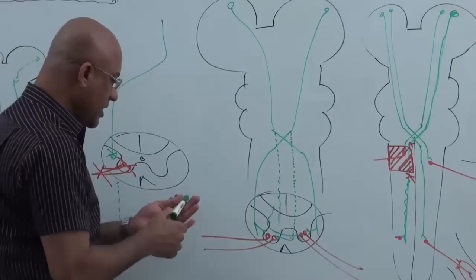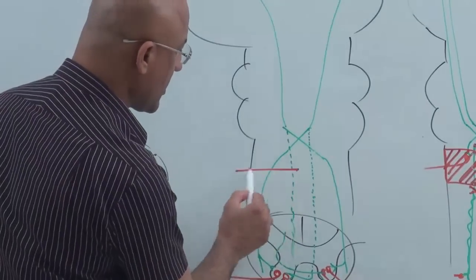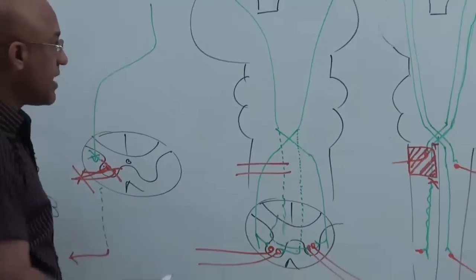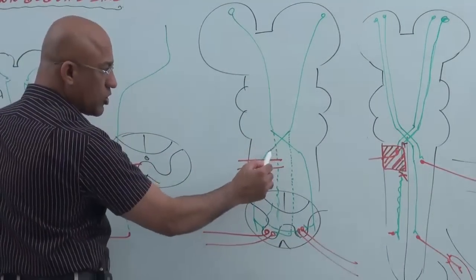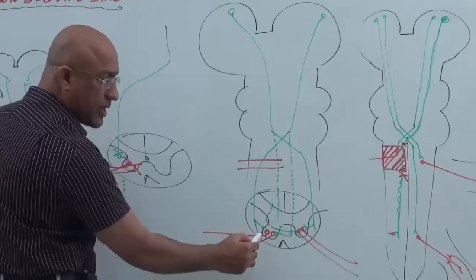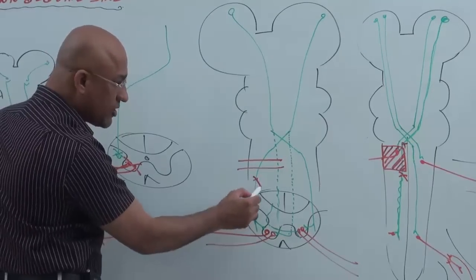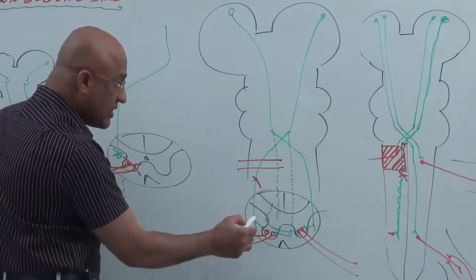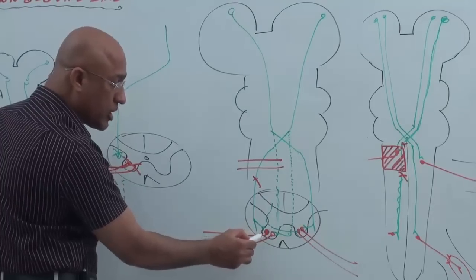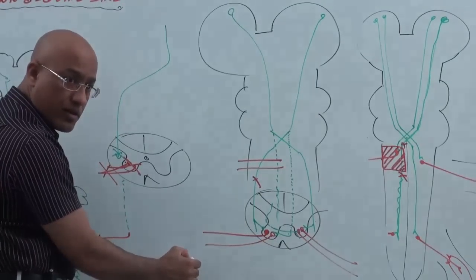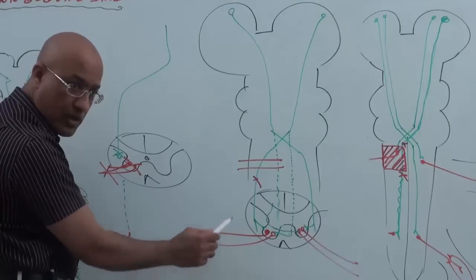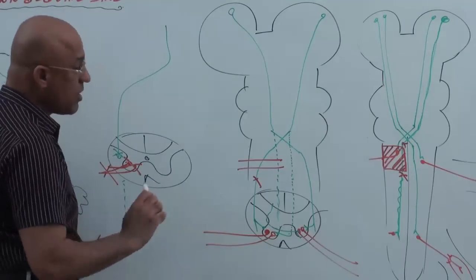Now imagine if the lesion is here. The corticospinal tract which was going to innervate the ipsilateral muscles, these are lost. Right? And that will lead to upper motor neuron type of lesions in the lower limb in my example. Clear?